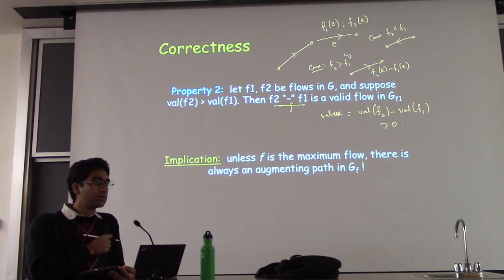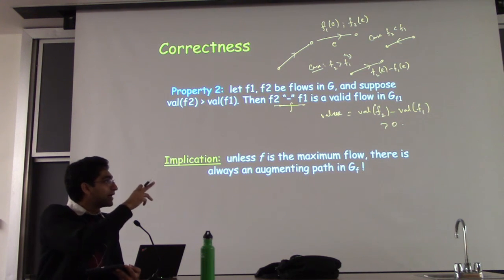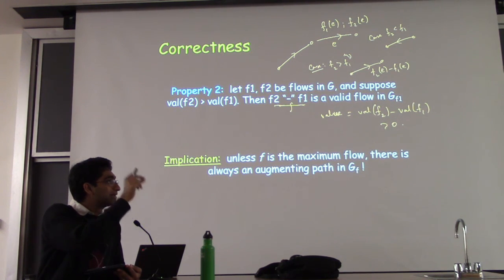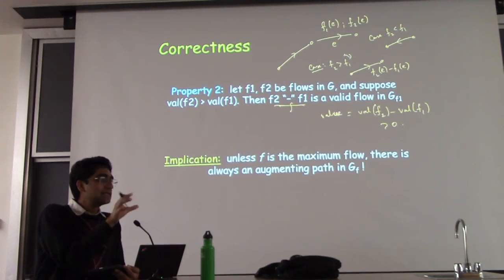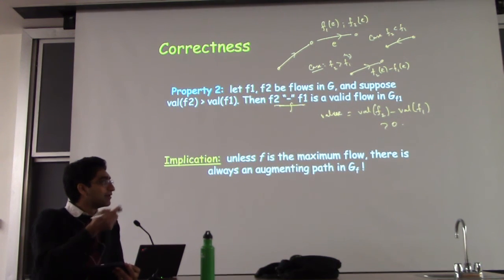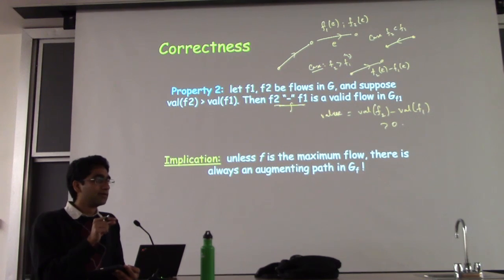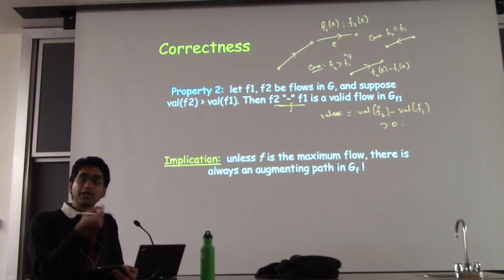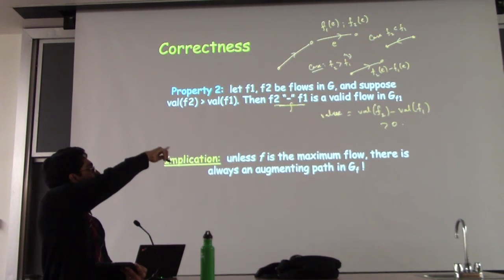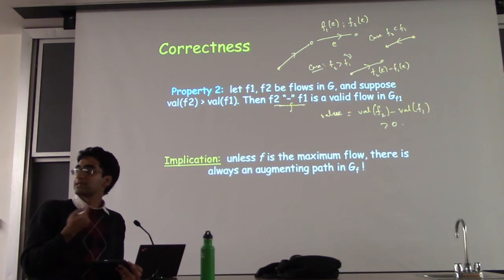And why should the backward edge always exist? We should claim that the backward edge exists in G sub f1, the residual graph for f1. The residual graph for f1 always has a backward edge of capacity at least f1. And we are saying that f1 is bigger than f2. f2 was always non-negative, so f1 has to be strictly positive.